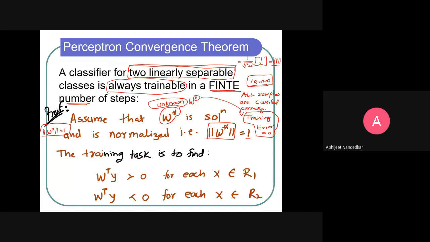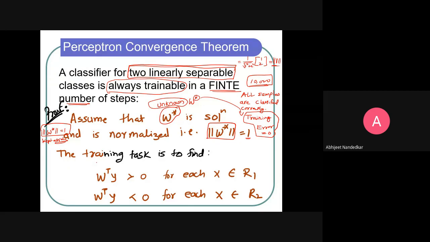Now the training task is to find out such a W. So this W star is kept aside. I don't know this W star, but I just assume that some W star exists, and then I proceed.